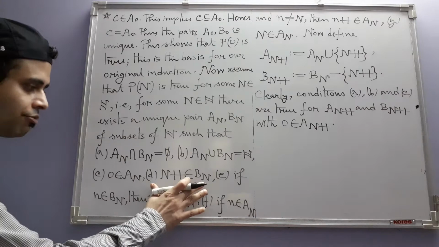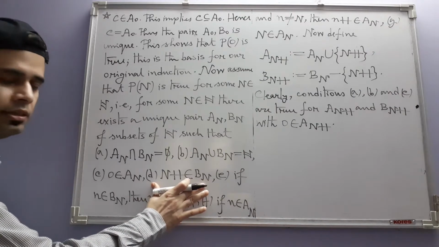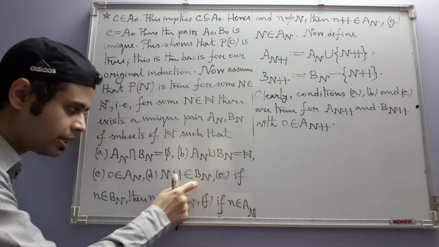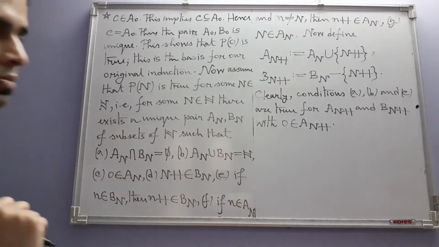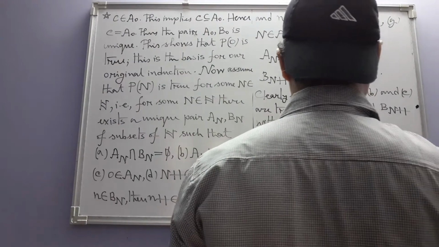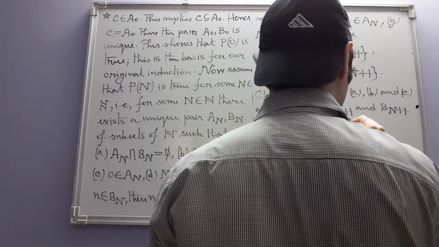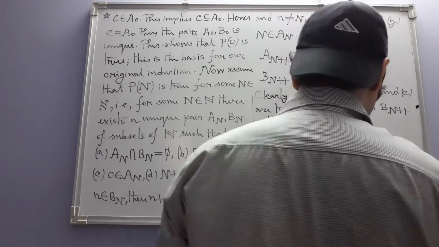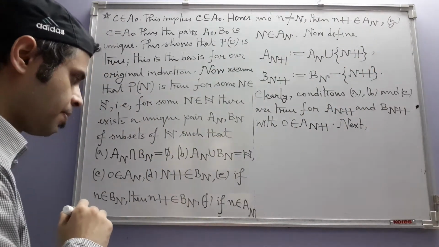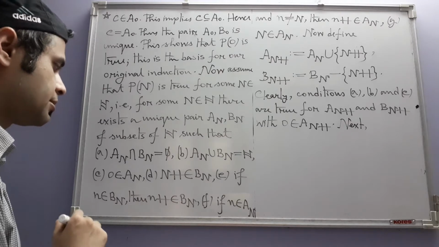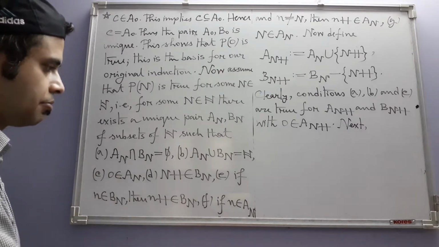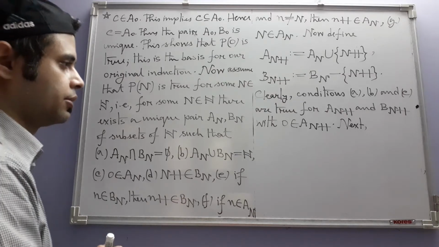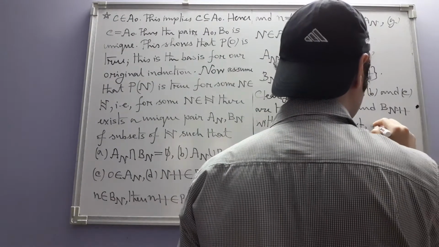Next we have to verify D, but keep in mind in place of n we now have n plus plus. Okay, so we have to say that n plus plus plus plus belongs to Bn plus plus.